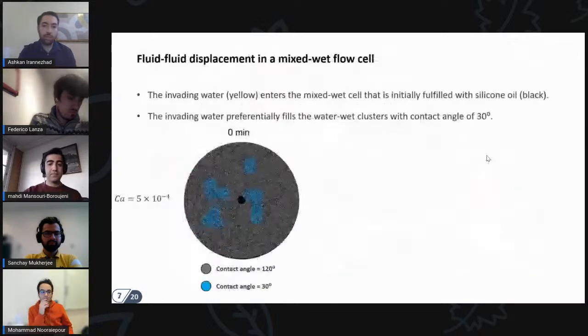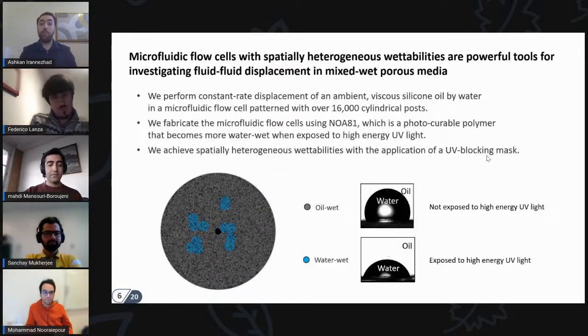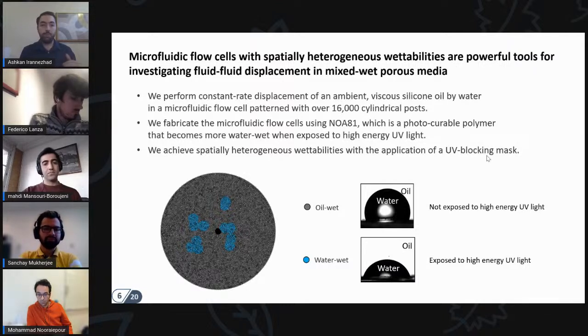No, as you said, we use different types of masks. Overall, the wettability of these surfaces and this polymer can be tuned by exposure to high energy UV light. If you put it inside the UV ozone cleaner machine, when it is exposed to UV light, the chemical composition of the surface will be changed, and the surface becomes more water wet.